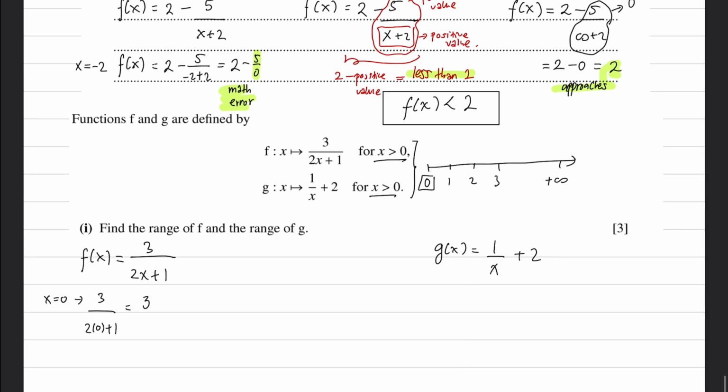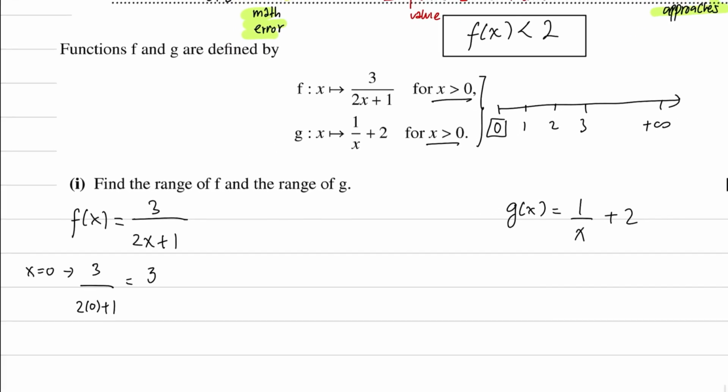You have a value for that, equal to 3. And see what happens if you put x bigger than 0. You have 3/(2x + 1), but x is bigger than 0, so all of this is a positive value, and 3 over a positive value will give you a positive value.